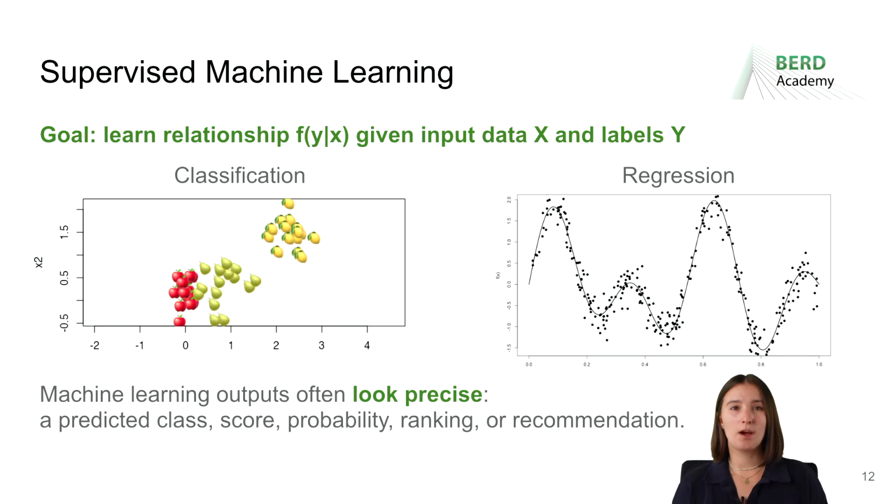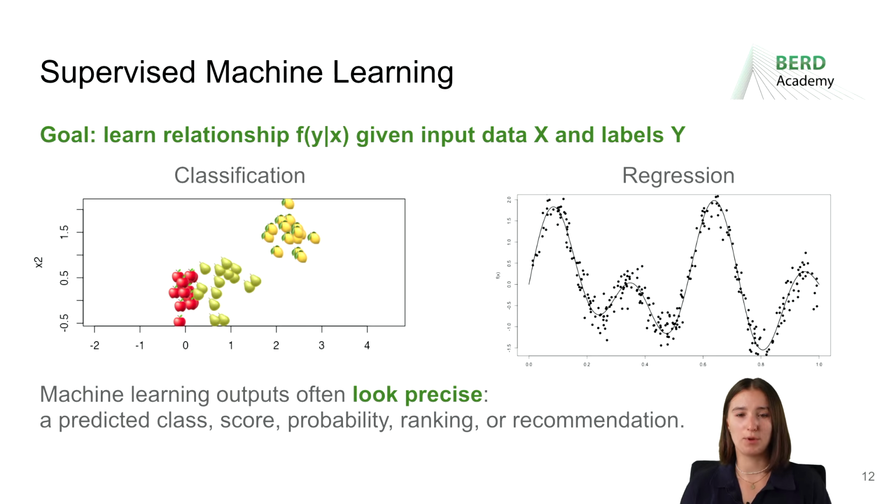Okay, so now we move on to supervised machine learning. Probably many of you have already been in touch with machine learning, otherwise you probably wouldn't be here in this course. But just to set the stage, we want to briefly repeat that in classification, we want to learn the relationship between given input data X and the labels Y, which can be different classes.